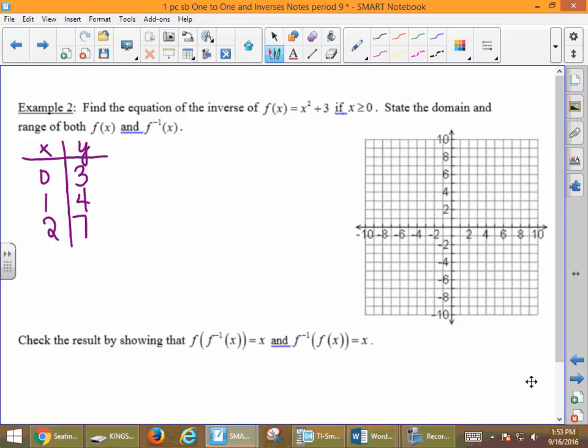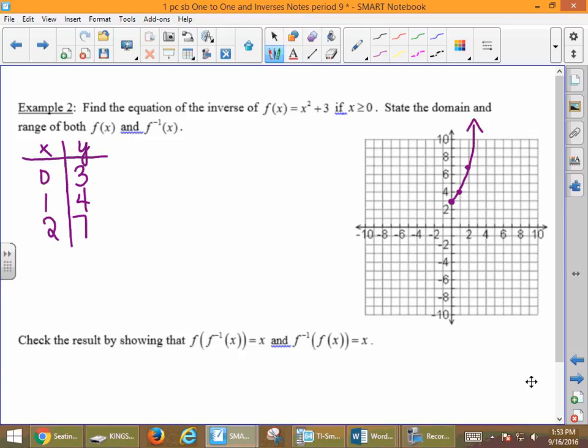So let's draw that on our grid here. Over 0, up 3, 1, 4, 2, 7. There's more points, as we could see in the list of our table, but those 3 happen to fit on our graph there. And if we draw that part of the graph, we get this picture.